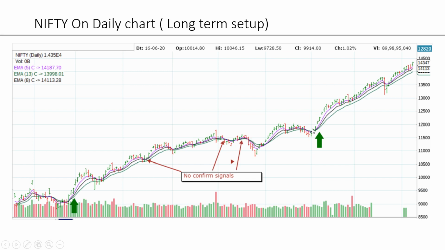Then again the same signal picked up around the 12,000 mark where again the 5 EMA crossed the 13 EMA and 8 EMA, and from there it went till 14,300. I think it might have gone till 16,000 also. So these are not systems where we are talking about a 200 point gain or 100 point gain or 5% gain. These are systems where we are looking for a long term setup, where we are looking for 20, 25, 30% gains on the indexes.